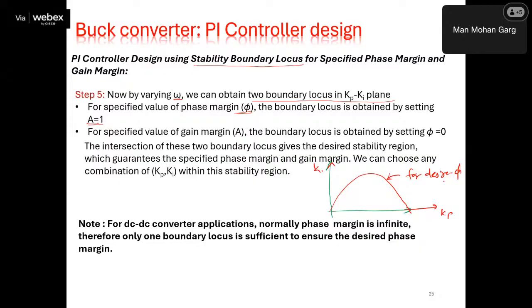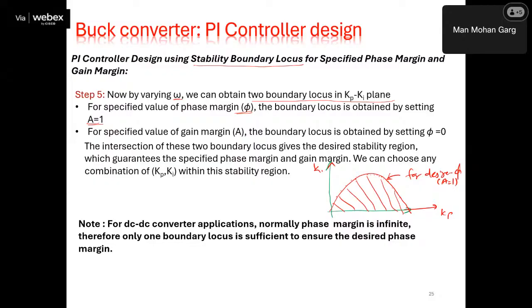The mathematical expression can give you some combinations of Kp, Ki where Kp or Ki may be negative and also satisfy the equation. We need not consider such pairs. We just need to keep Kp, Ki which are positive only.